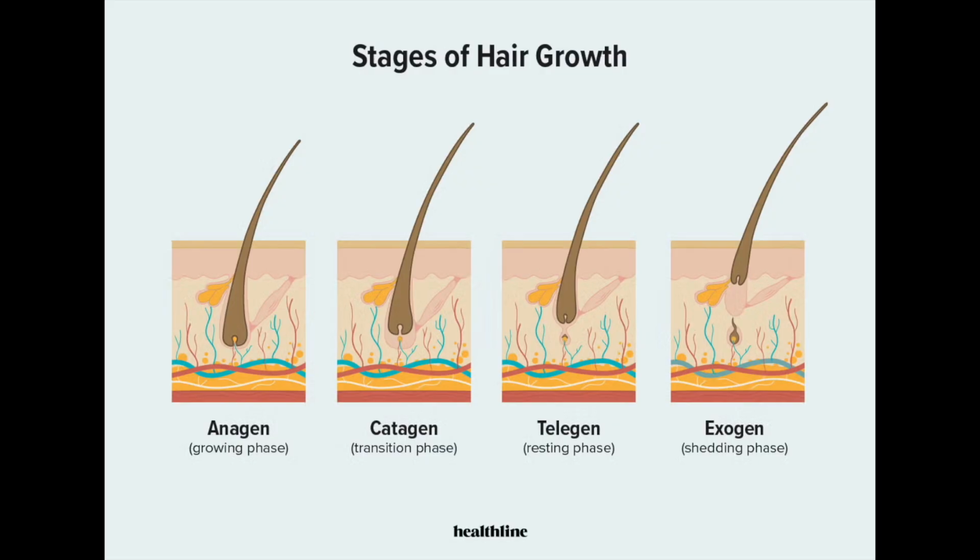First, anagen. This is the active growth phase. Inside the follicle, hair matrix cells at the base of the follicle divide rapidly by mitosis. Duration: scalp 2 to 7 years, eyebrows 1 to 2 months, eyelashes 1 to 2 months.